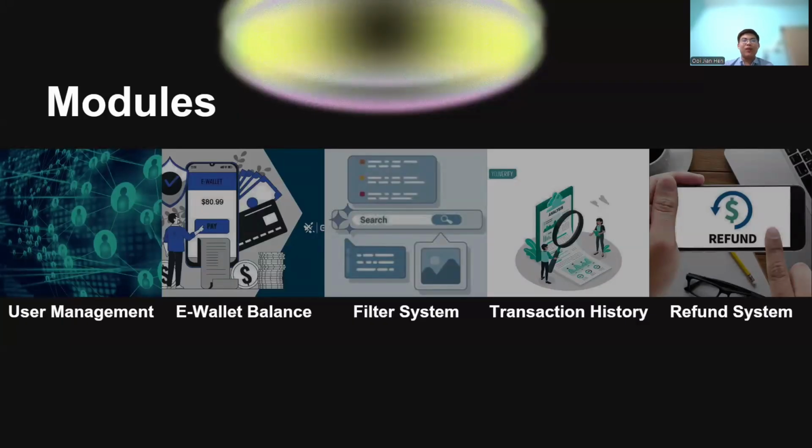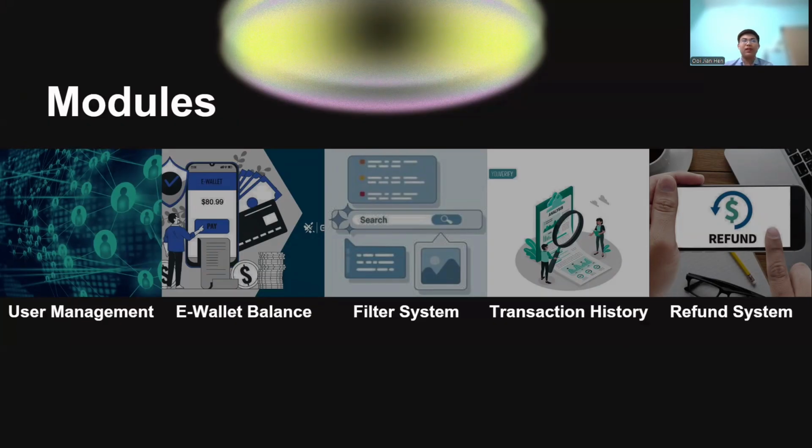Then for the e-wallet balance, the staff and vendors can see their real-time balance. The staff can view how much money they have left in the e-wallet, and the vendor can see how much they earn.